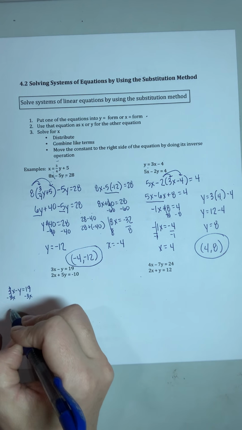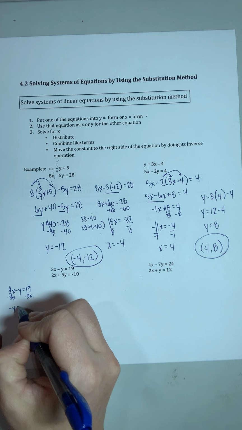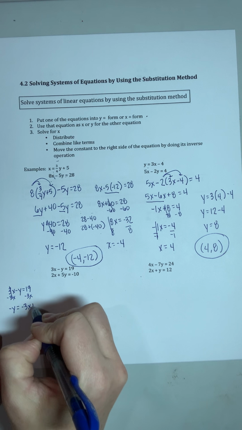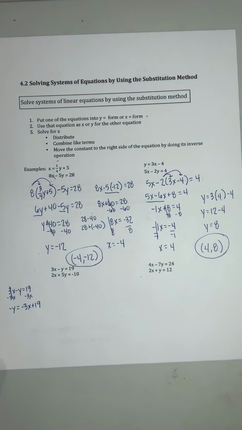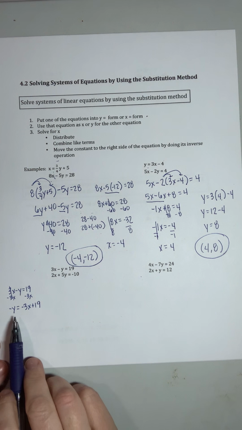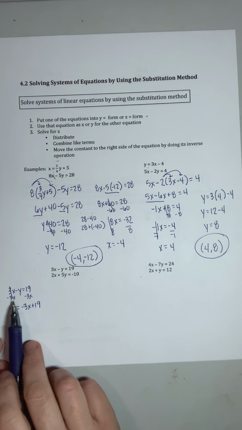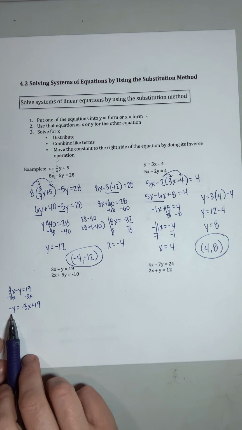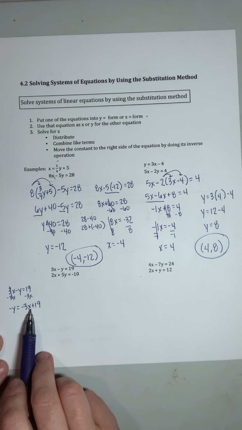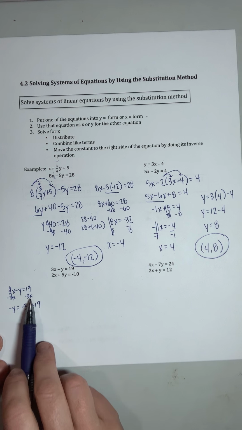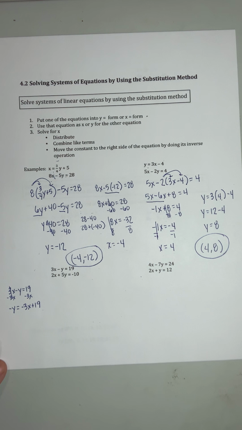So that crosses out, so I have negative y equals negative 3x plus 19. Okay, so I got rid of my 3x on this side through subtraction. I'm left with negative y. Brought it over here, still through subtraction, but they're not like terms, so I just put them side by side. Because again, you have to have y equals mx plus b form.